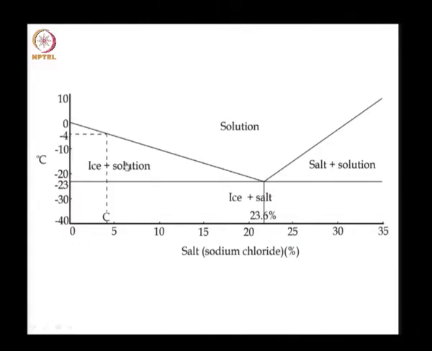So, this means that if we take ice and mix a small quantity of salt, that there will be some melting of the ice and a formation of a salt solution below minus 4 degrees. Above this line, the liquidus line, we will have a complete solution forming.